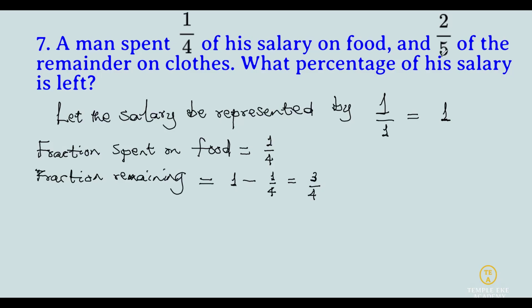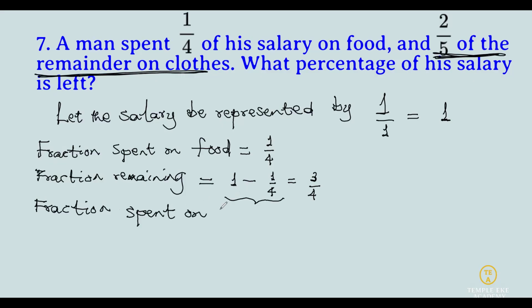Now 2/5 of the remainder was spent on clothes. So we can pick up the fraction spent on clothes. You need to see my video on fractions so that you can learn this quick technique. Fraction spent on clothes is simply 2/5 of the remainder.